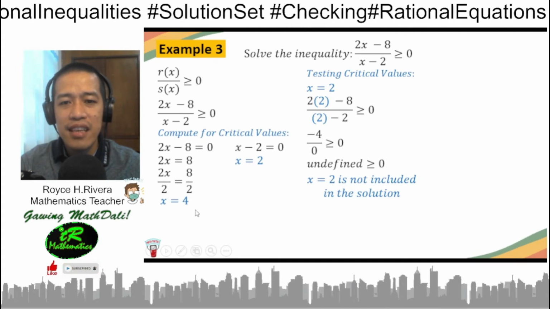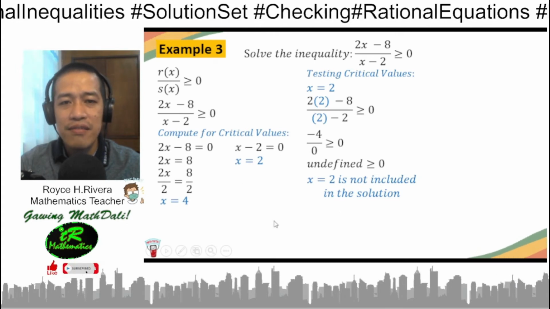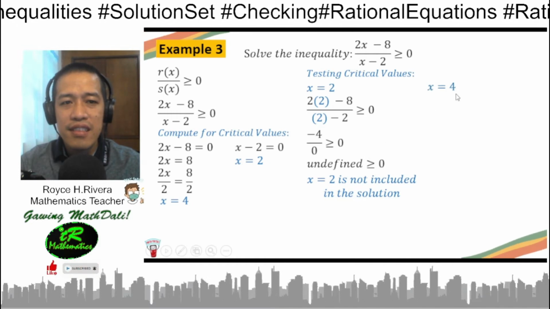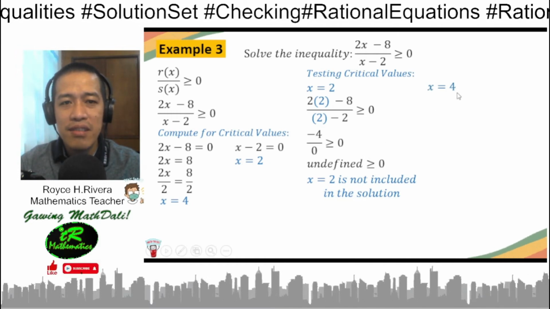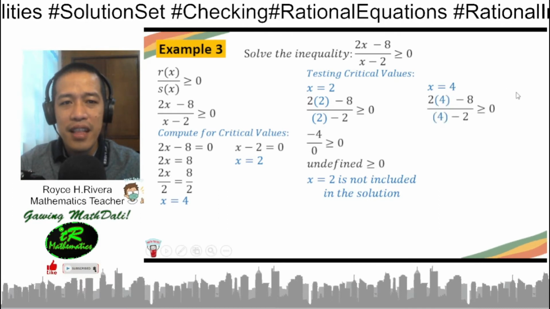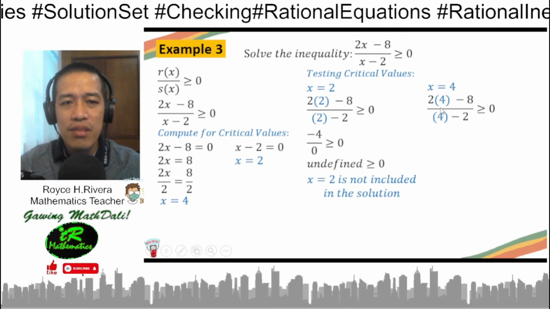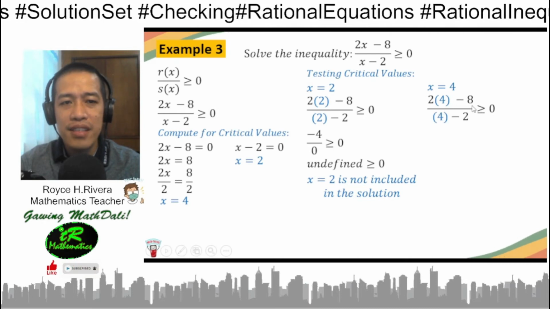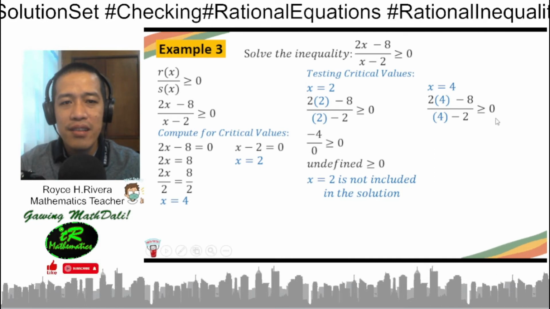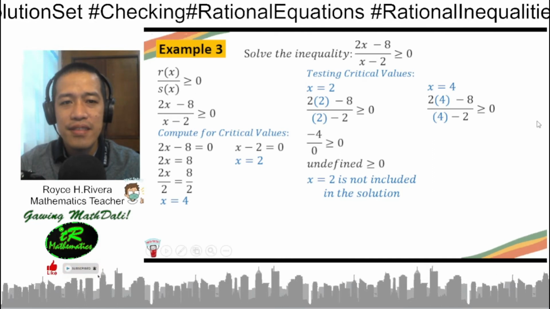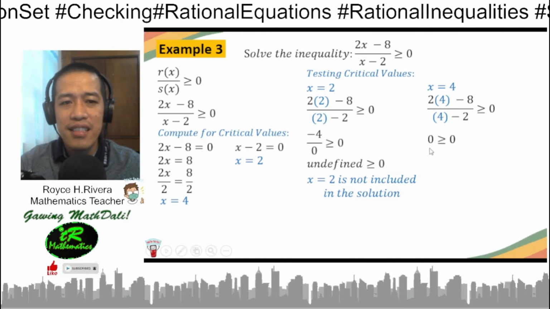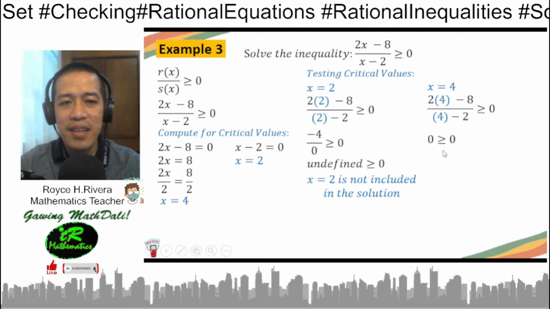Let us now test x equals 4. The same way, we substitute 4 to the inequality. We will have 2 times 4 minus 8 all over 4 minus 2 greater than or equal to 0. Then we will get 0 is greater than or equal to 0.